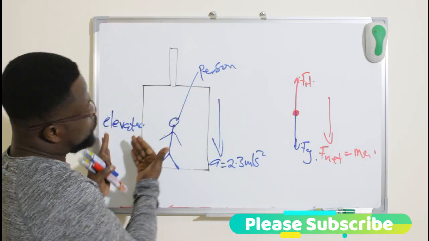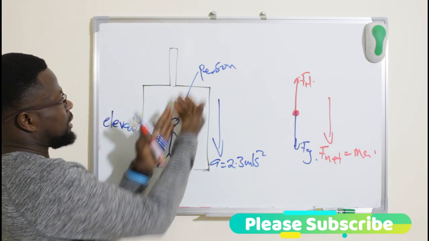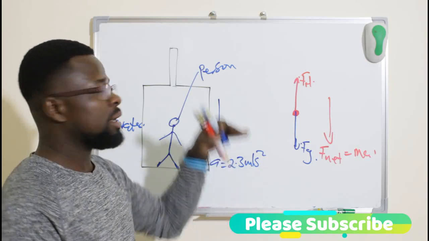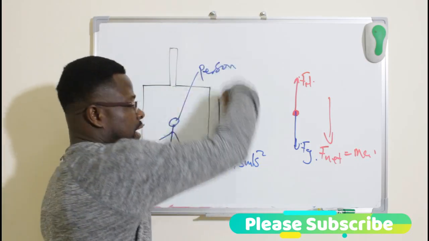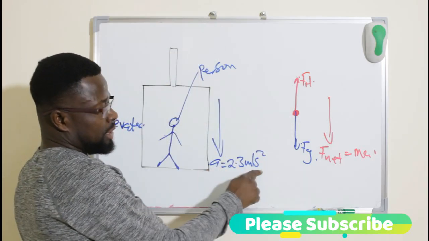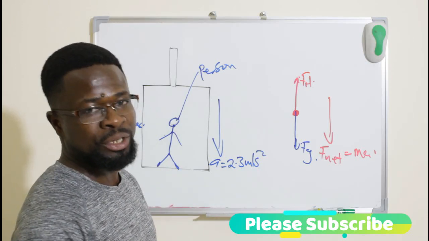So I've been able to translate this into this, where we have the elevator, the person, and the acceleration with which the elevator is moving in a downward direction. So the direction of motion is downward. Immediately we know there is an acceleration. That tells you that the net force is not equal to 0.